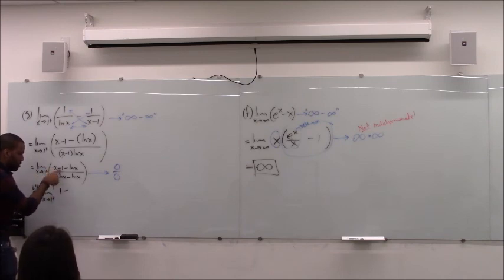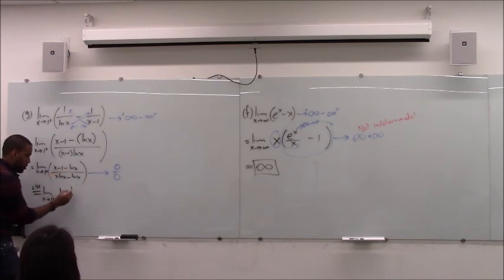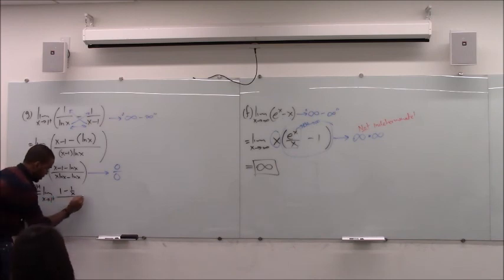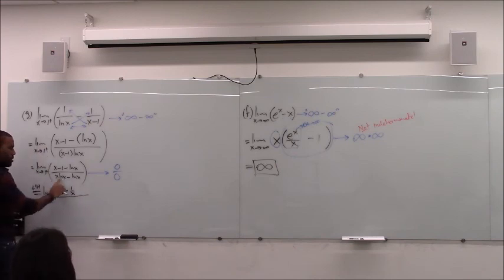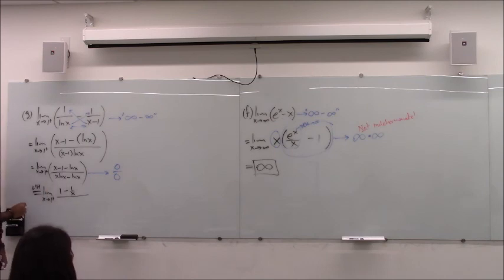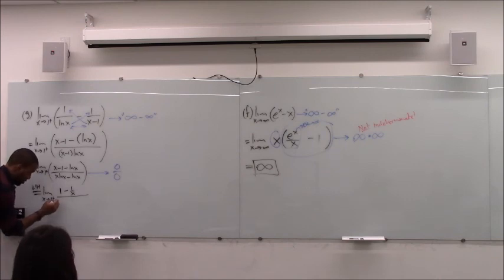Derivative of 1, 0. Derivative of minus ln x, minus 1 over x. Over, how do I differentiate the bottom? How do you differentiate x times ln x? Product rule. So? ln of x plus 1, well, times 1 over x.